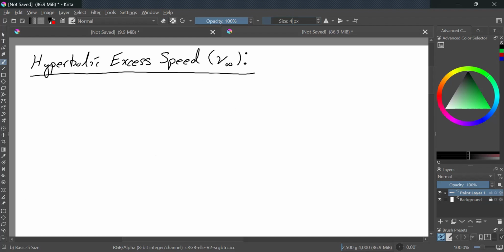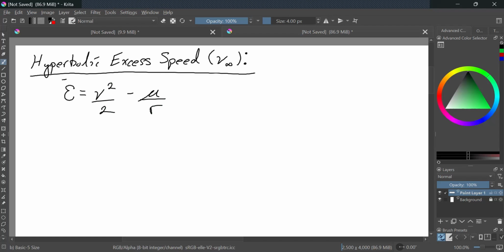Off eraser. Awesome. So, if you want to look at hyperbolic excess speeds, the best place to do that is going to be specific energy. I'm actually going to write it over here. Energy equals v squared over 2 minus mu over r.